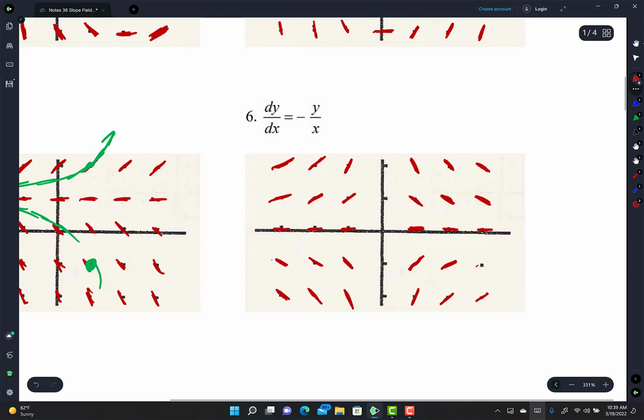So this one should be flatter. There we go. I think we did an okay job. Do you guys kind of see the pattern? Yeah, it looks like if you had a curve, it would look like that.